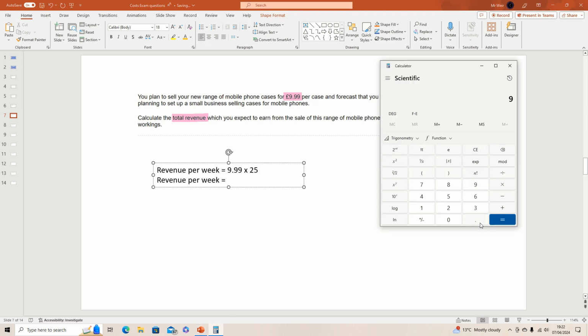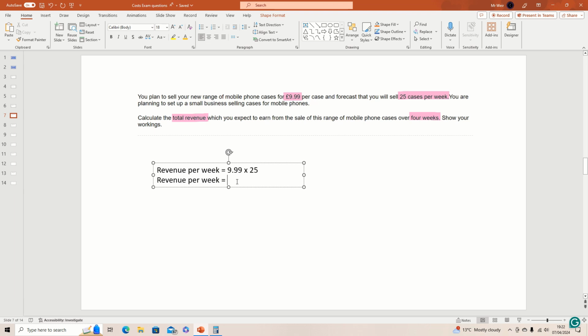So £9.99 times 25 is 249.75. Okay, and the way that we've worked that out is to multiply the selling price. So I'm just going to put the formula in: selling price times number sold.